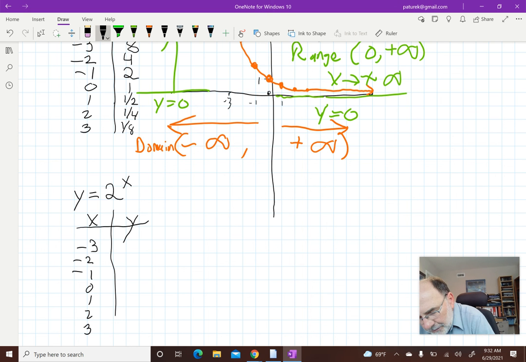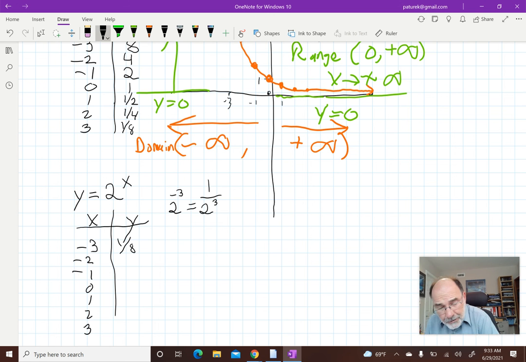Well, 2 to the -3rd power is the same thing as 1 divided by 2 to the 3rd power. I'm using that property of exponents. So 2 to the 3rd power is 8. So this is 1/8.